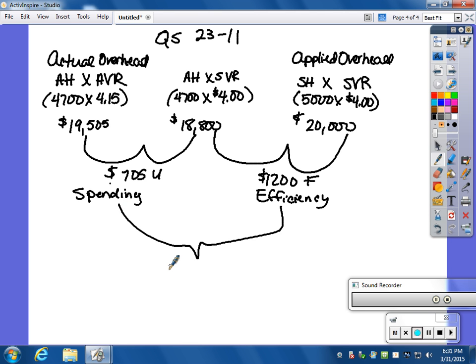And is it favorable or unfavorable? Because our 1,200 was lower, and the spending is greater. So our output costs were greater than what?